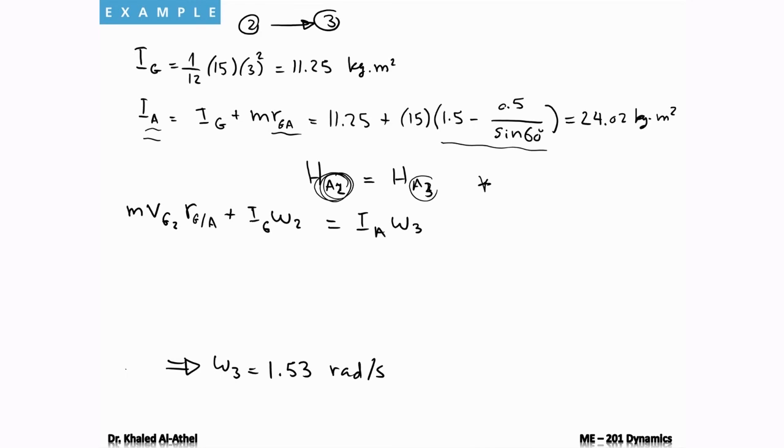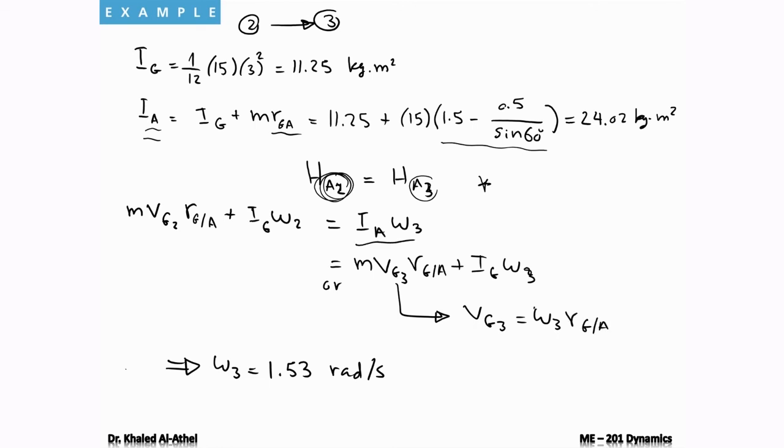Another option, if I wanted to do it, would be M VG3 R G to A plus IG omega 3. But then you end up having to relate VG3 equals omega 3 times R G relative to A. So it becomes lengthy. That's why we use this one instead.